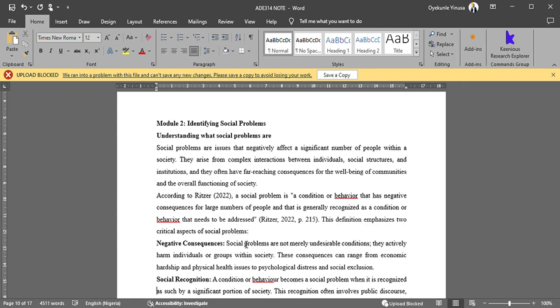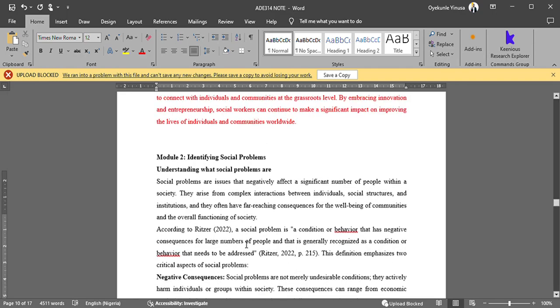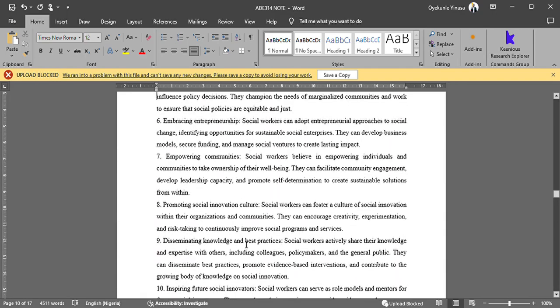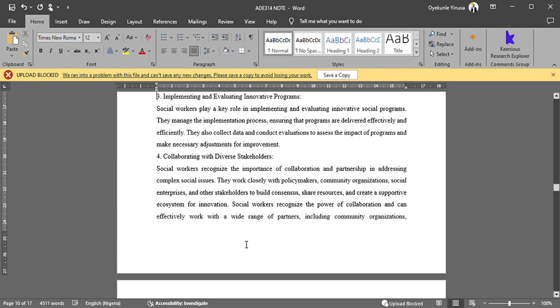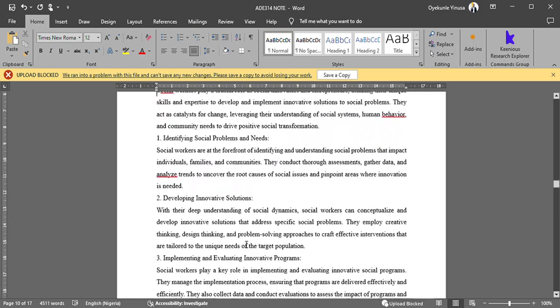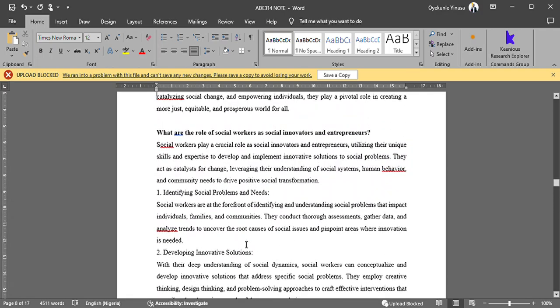We looked at the roles of social workers as innovators and creative people, and some of the roles that we identified are identifying social problems and needs.